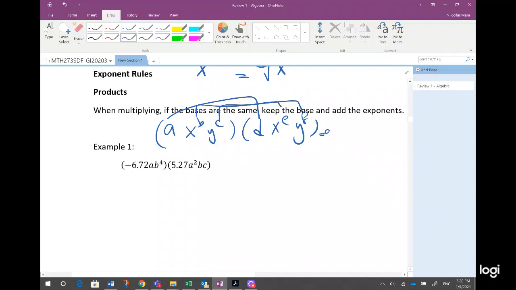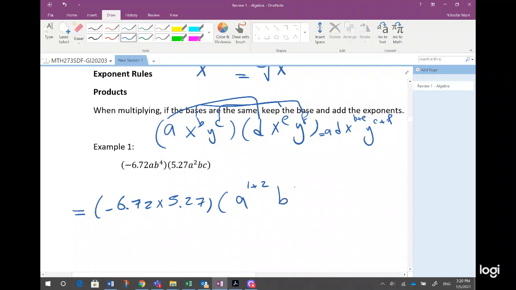So it is a d x power b plus e, y power c plus f. Here it is minus 6.72 times 5.27, a power 1 plus 2, b power 4 plus 1, c just power 1. So how can I round here?